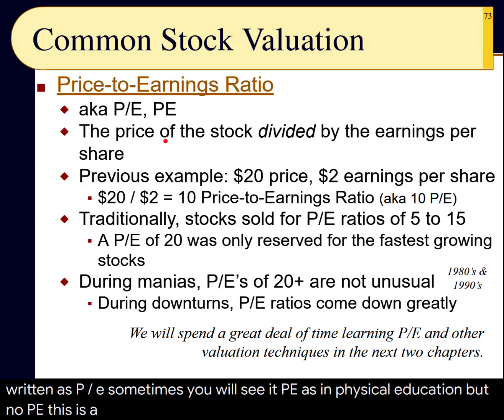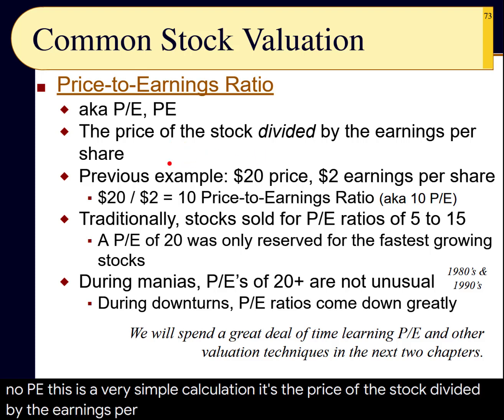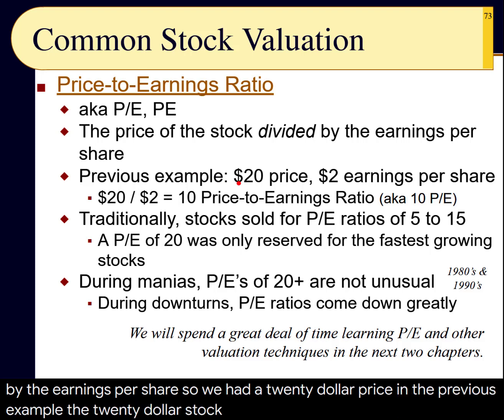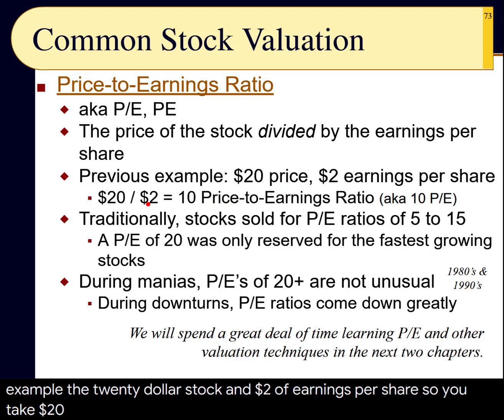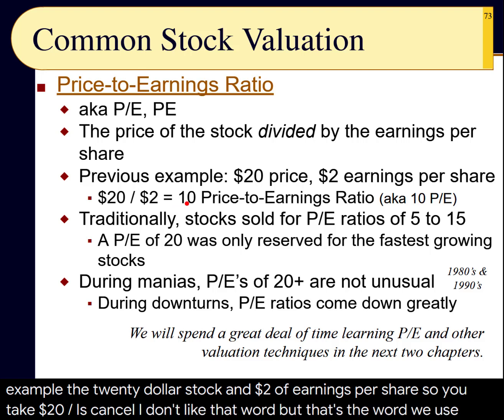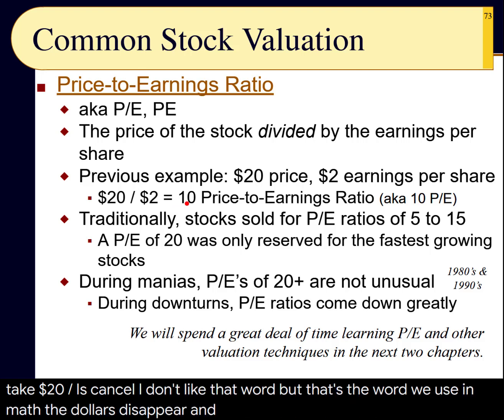This is a very simple calculation. It's the price of the stock divided by the earnings per share. So we had a $20 price in the previous example, the $20 stock, and $2 of earnings per share. So you take $20 divided by $2 and you get 10. The dollars cancel. The dollars disappear and we're left with 10.